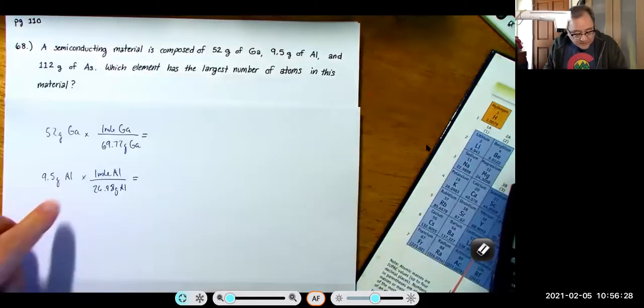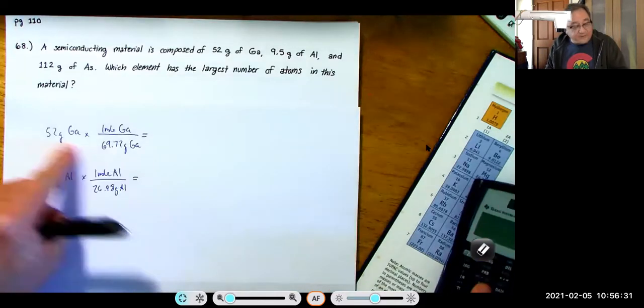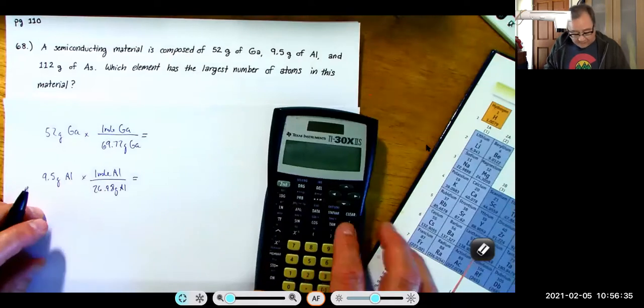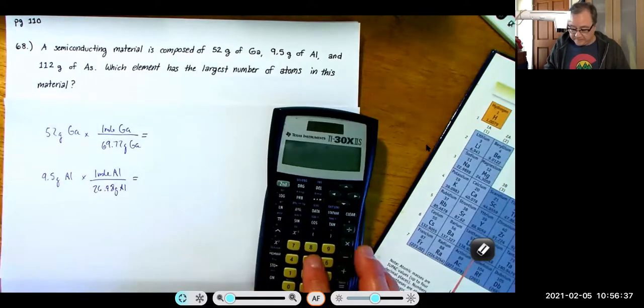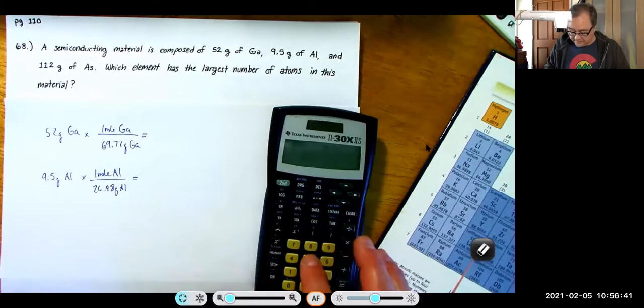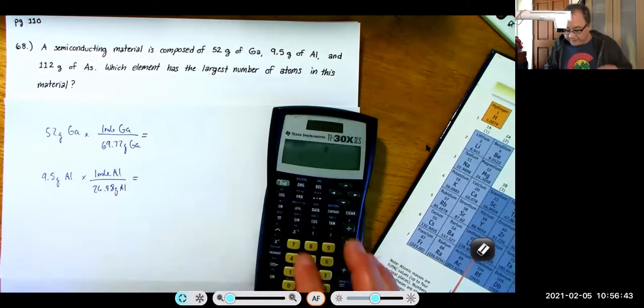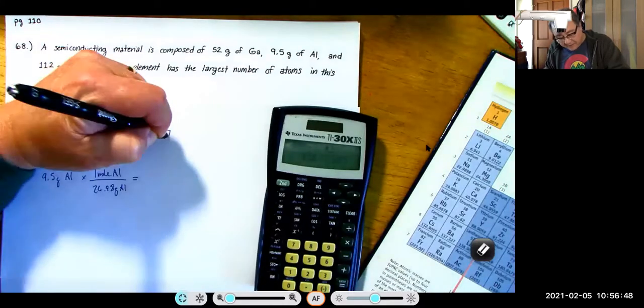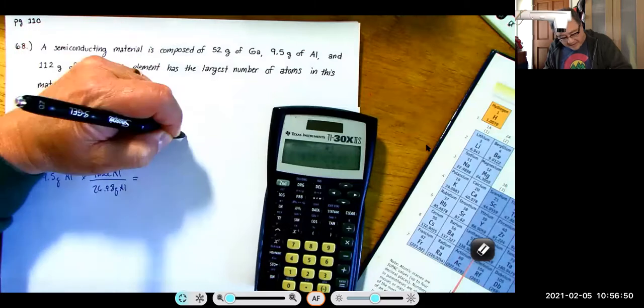Let's see what each of these answers gives us using my calculator. Can everyone see that the first answer is going to be a little bit less than 1 because it's 50 over 70? But it should be more than a half, right? And so I get 0.75 mole of gallium.